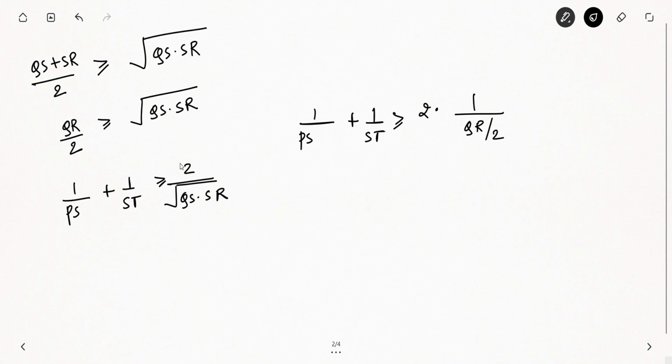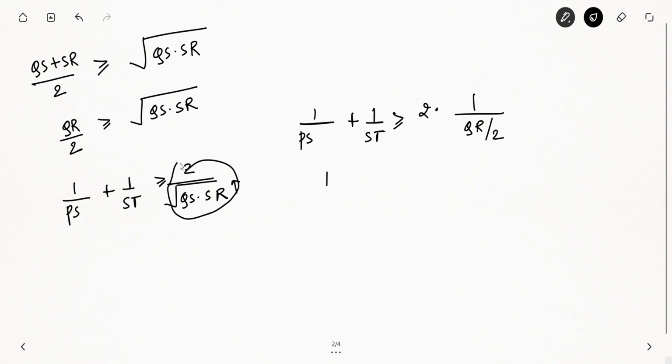Because QR by 2 is greater than this particular term. So in the denominator, if I replace it with a larger quantity, the whole term will decrease, because as we increase the denominator, the whole term will decrease. Therefore I can write this.